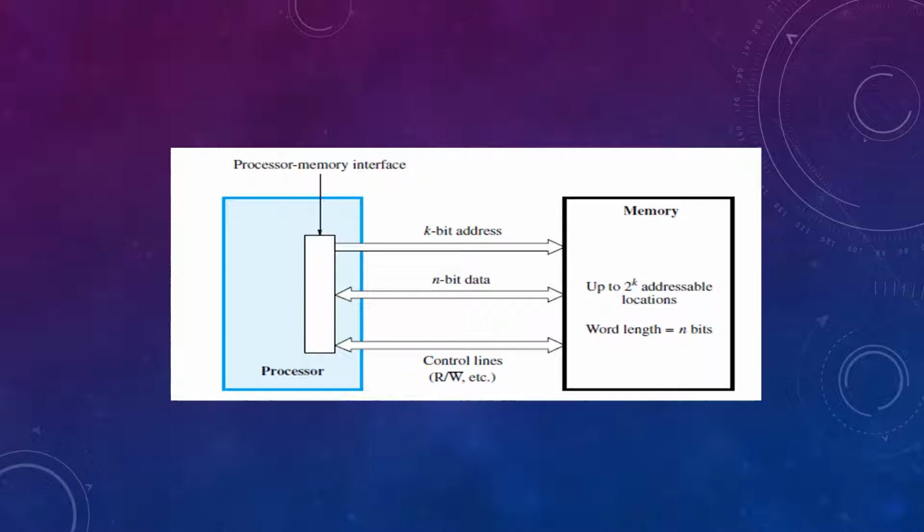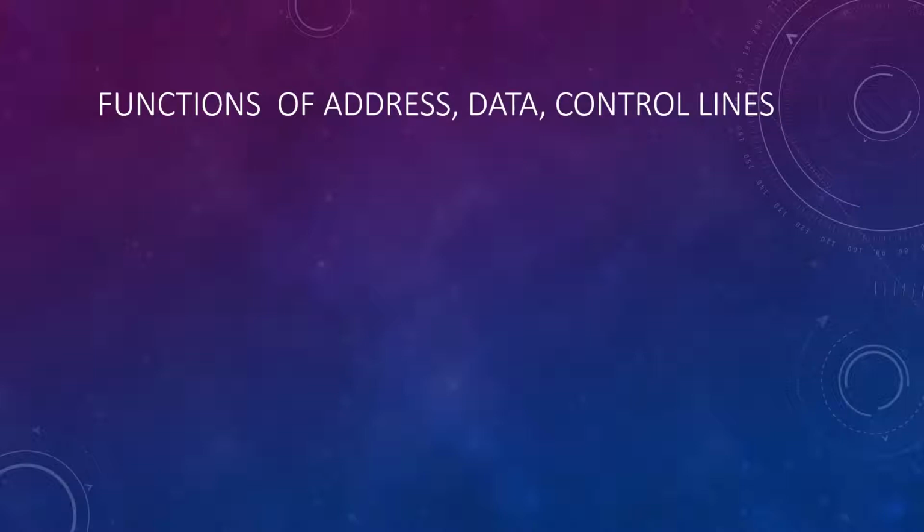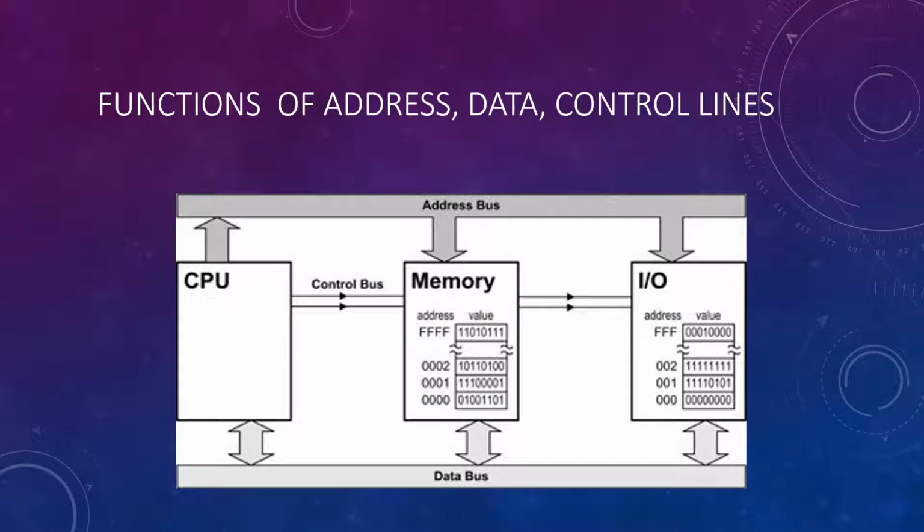Processor-memory interconnection consists of address, data, and control lines. With address lines, the processor specifies the memory location, and data lines are used to transfer the data. Simultaneously, read and write commands are carried by control lines.